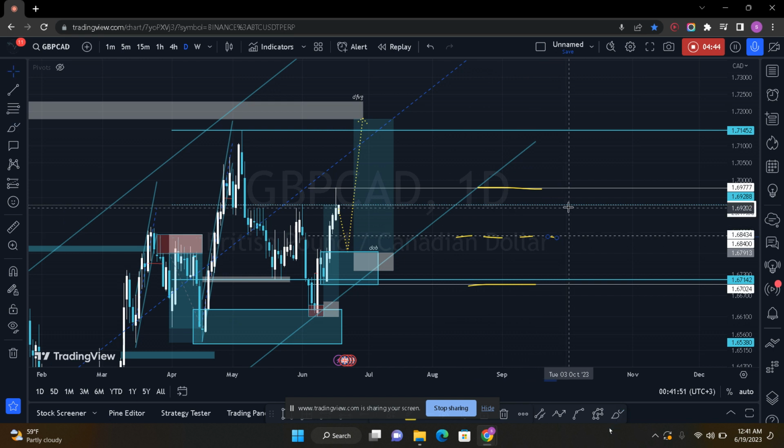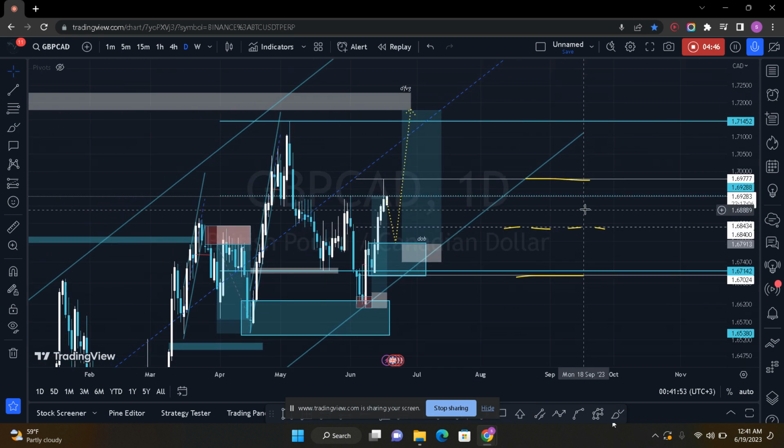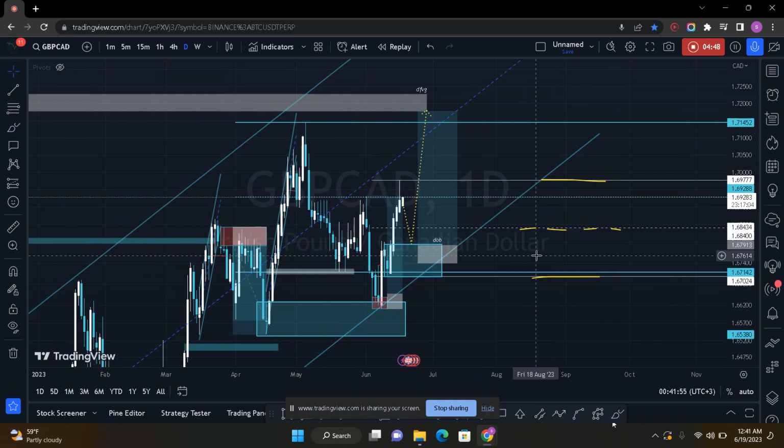Being that my bias is that the price will go higher, I would want price to first retrace for liquidity before we see a move higher, and I want to see the liquidity taken from within this range. So I don't want this range to be broken to the downside before going higher. And this is what I mean.